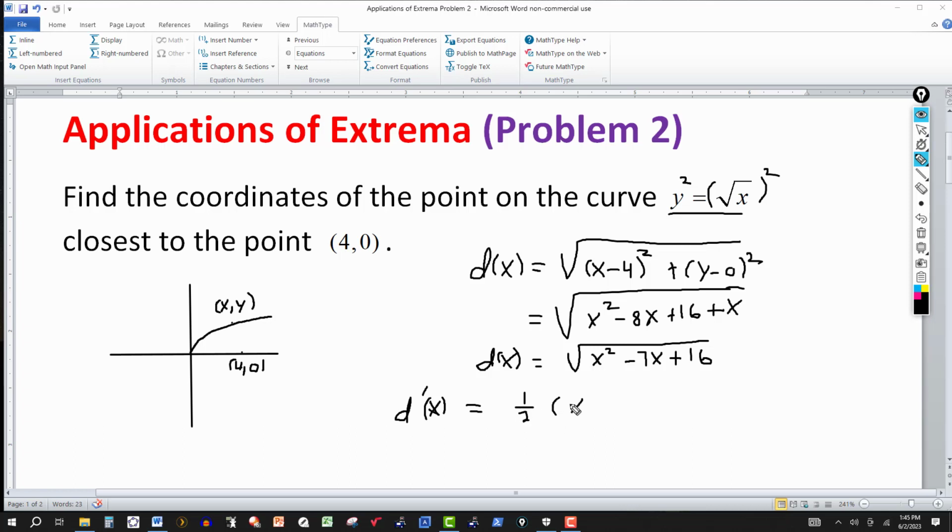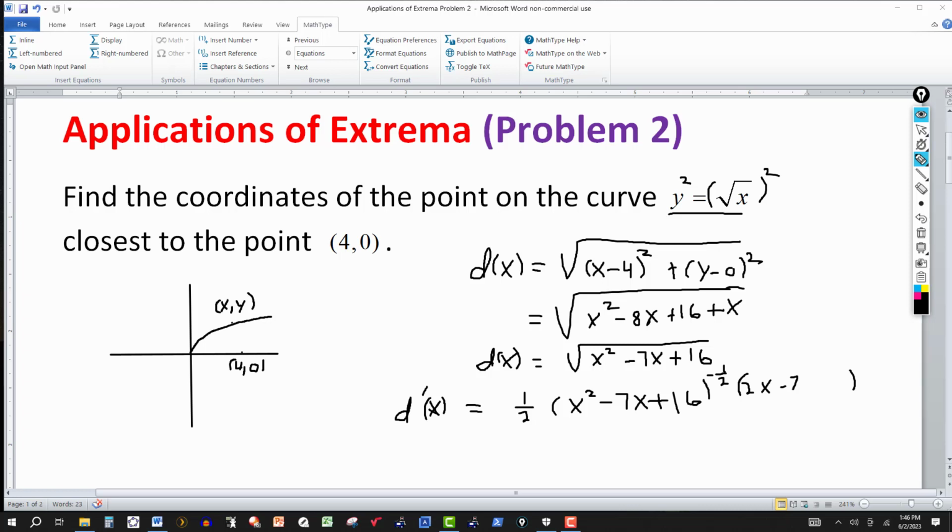And I'll have this x squared minus 7x plus 16. And then we subtract 1 from the power here, which is 1/2, will give me minus 1/2 here. And got to use a chain rule here, so I take the derivative of what's inside here, this x squared minus 7x, so this will give me a 2x minus 7.